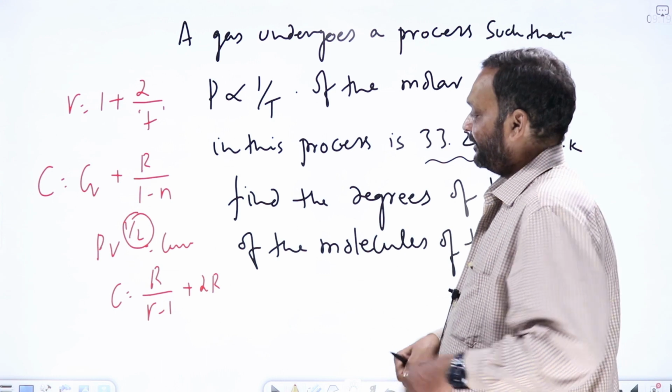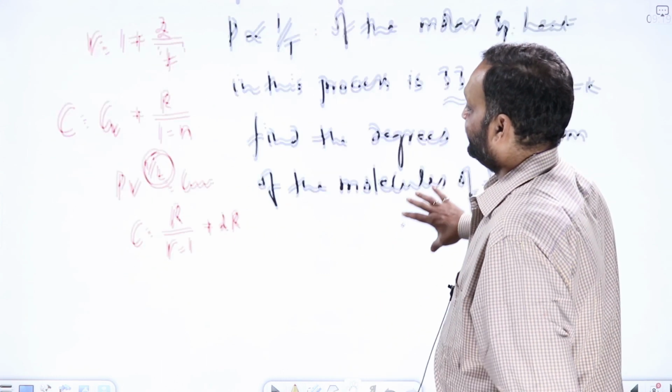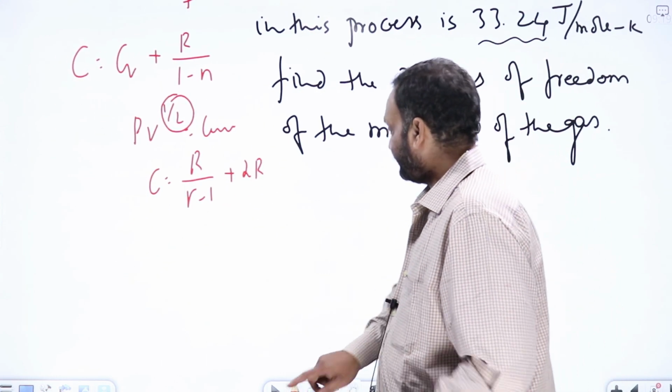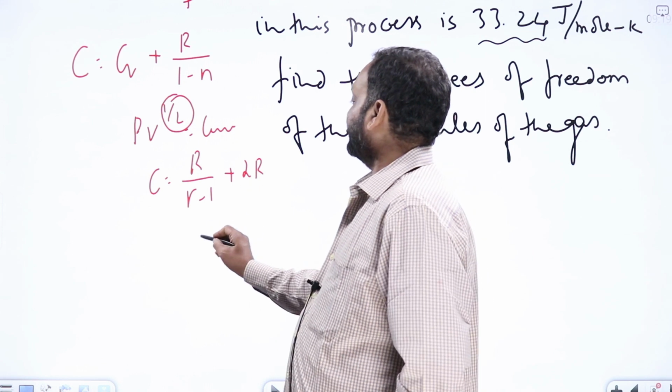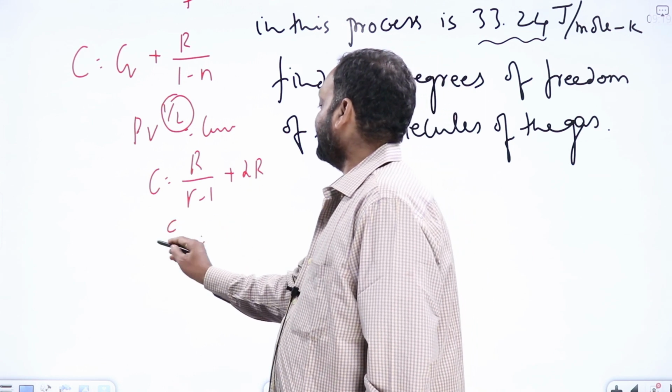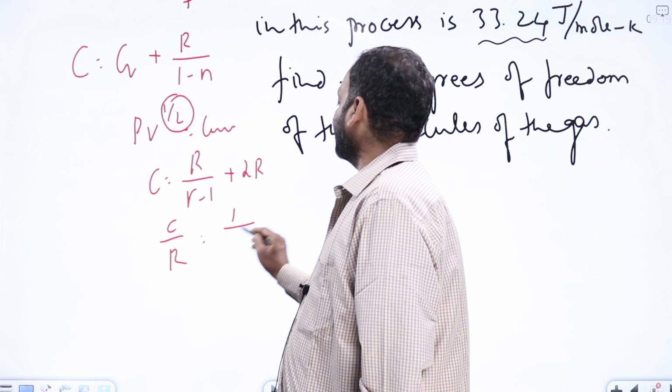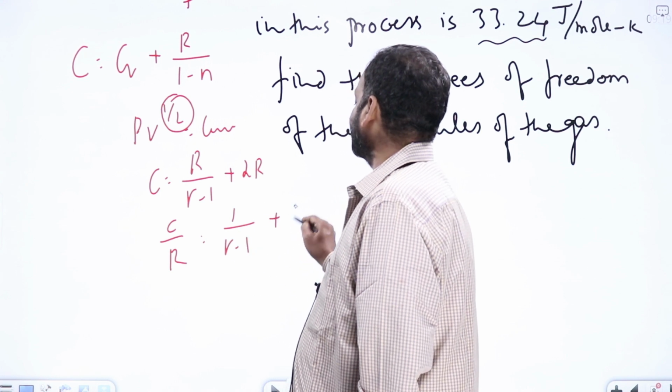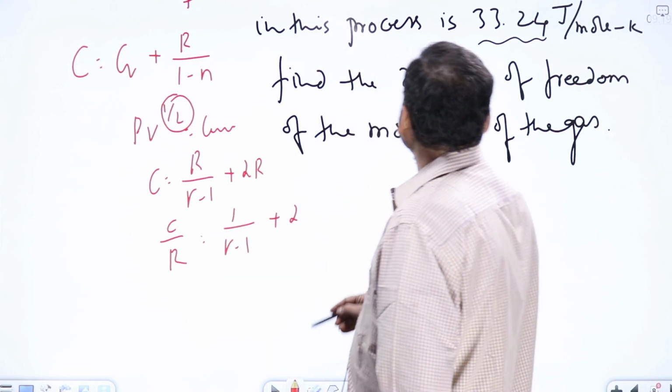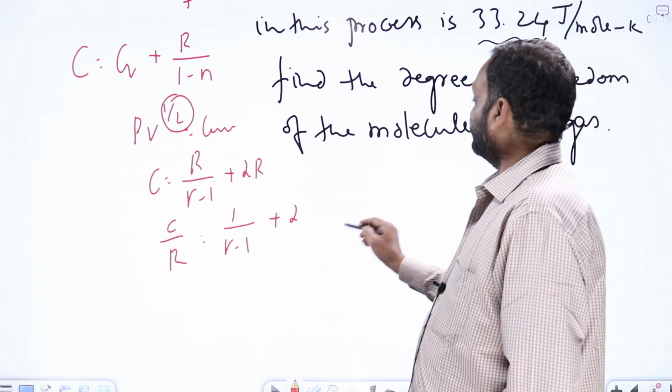Now how to proceed? Take this R common. C by R equals 1 by (gamma minus 1) plus 2. What is C given? C given is 33.24.